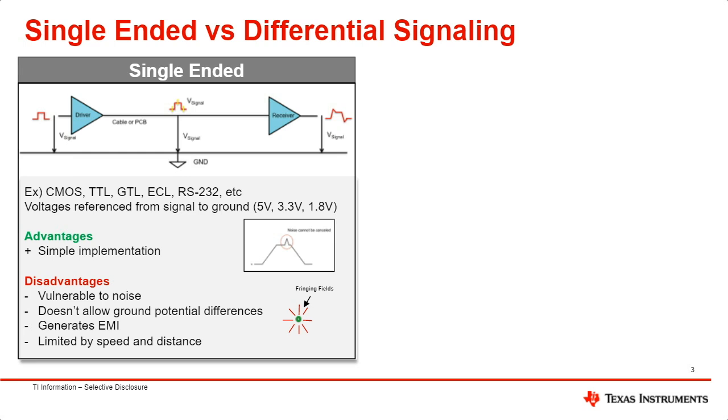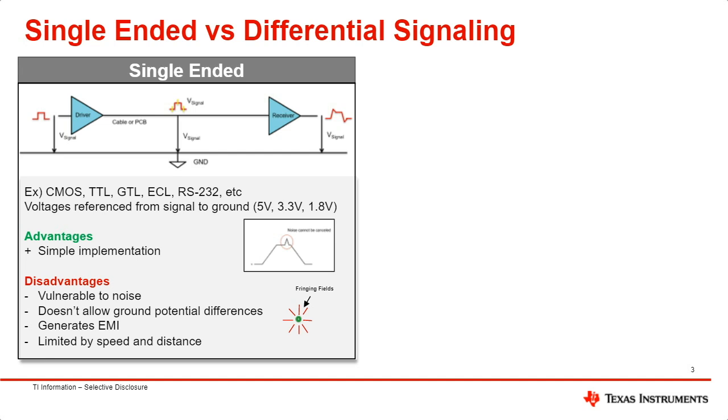So that noise will couple to that conductor and be directly present at the receiver. The second drawback is that because it's referenced to ground, if you have ground shifts between your driver and your receiver, that will also be present in the signal, causing errors as well.